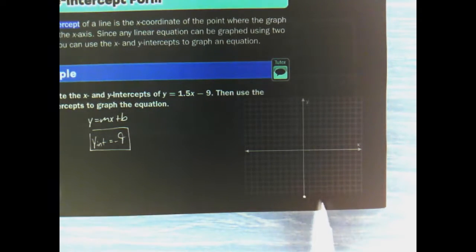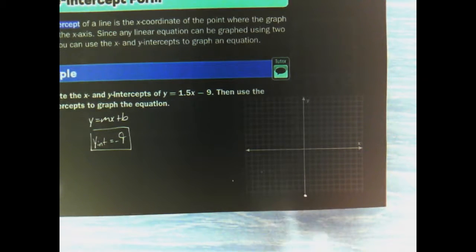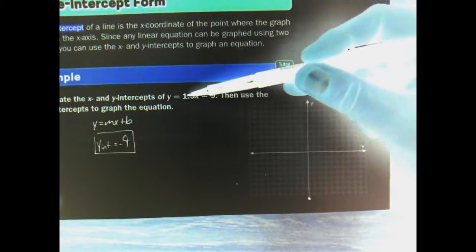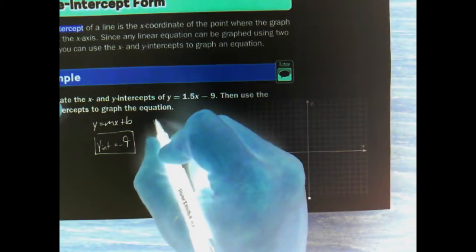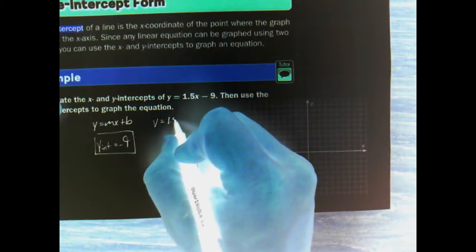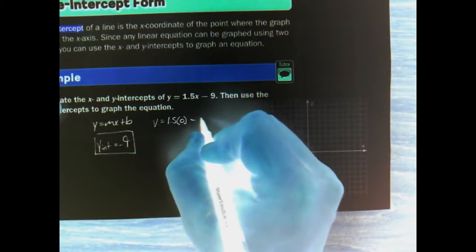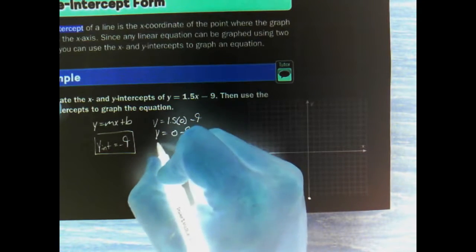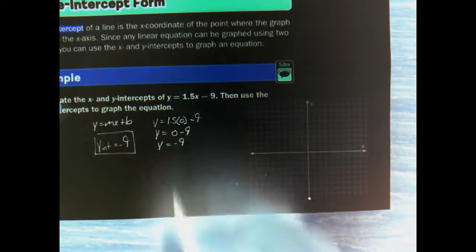At that point, what is my x-coordinate? My x-coordinate is 0. So I could plug 0 in for x to find my y-intercept: 1.5 times 0 minus 9. Anything times 0 is 0, so 0 minus 9. My y-intercept is negative 9.